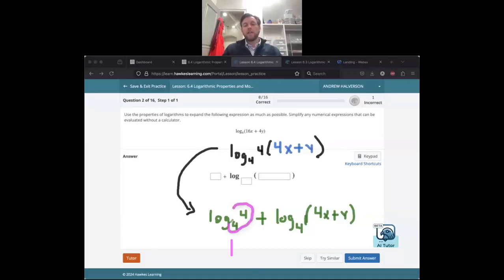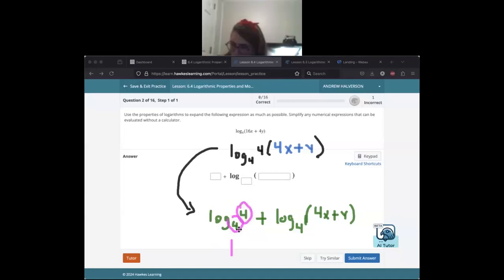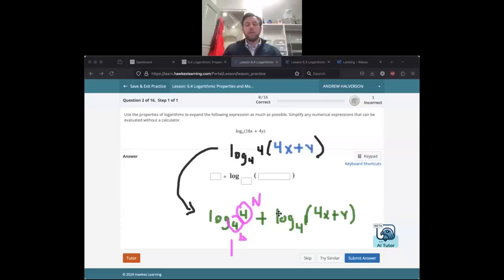When the base and the number are the same, it reduces down to 1. Essentially, you look at the base and the number and ask yourself, what exponent of the base will give you the number? And that's 1 in this case.